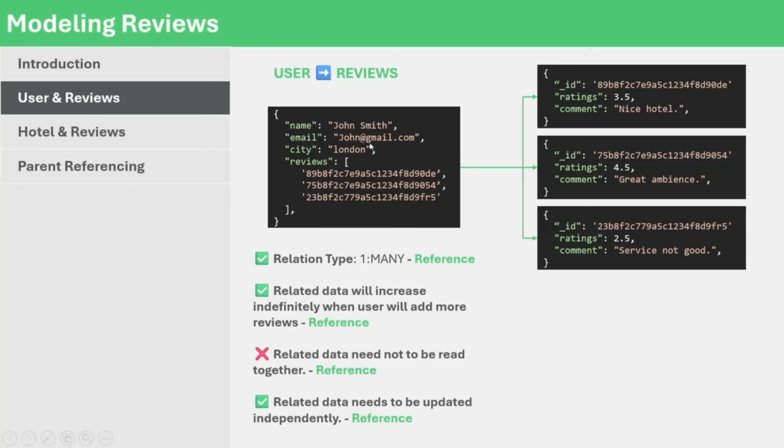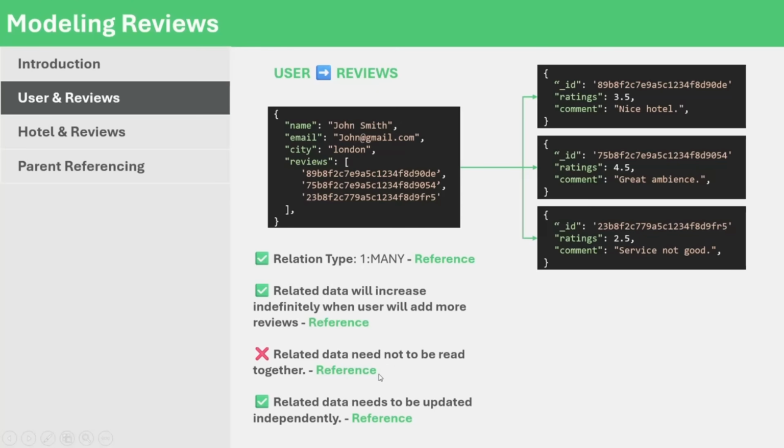Then in this case, when we are going to read user data, with that user data we might not be interested in reading the reviews which he has made, right? We are only interested in the user data, like the name of the user, city of the user, email of the user, etc. So here, the related data need not be read together. And when that is the case, at that time also, we go with the reference approach. And finally, the related data can be updated or read independently.